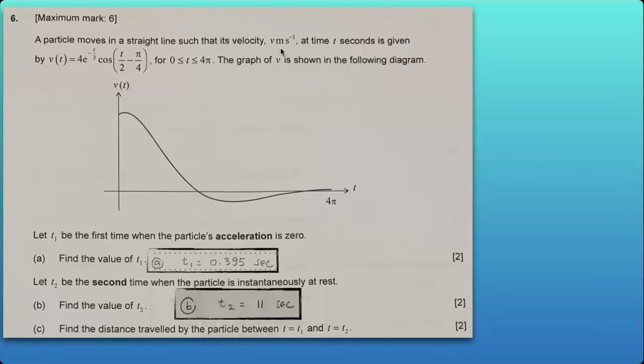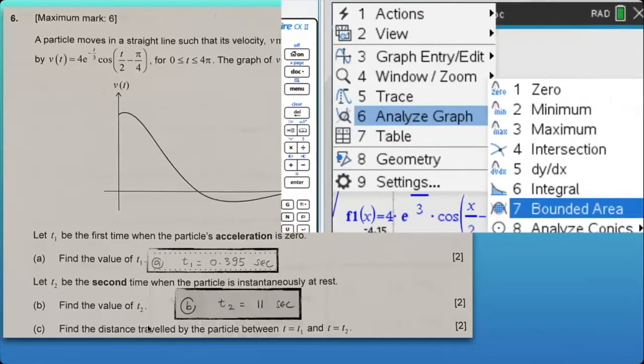Meter per second times second gives us meters, which is the unit for distance traveled. That tells us that we need to find the bounded area using integration. So click menu, choose analyze graph, and then choose bounded area.